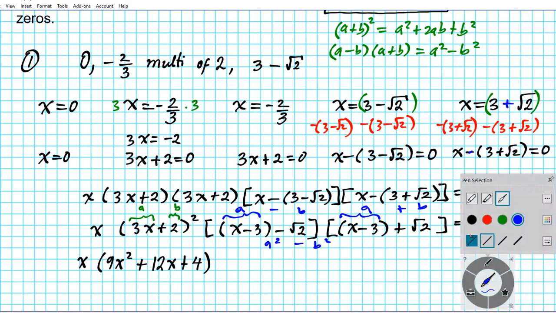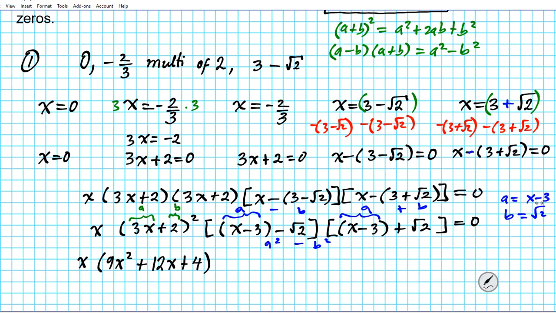Okay? So if we apply the difference of squares formula, we're going to have a squared. What is a squared going to be? Remember, a is the quantity x minus 3. So a squared is going to be x minus 3 squared, minus b squared. B is root 2, right? So it's going to be root 2 squared.